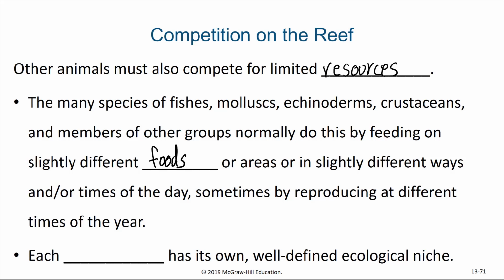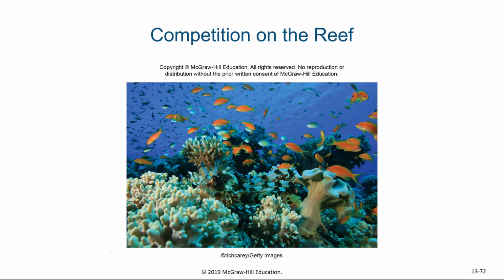Sometimes they reproduce at different times of the year. Each species has its own well-defined ecological niche, and this is the reason that allows such diversity within a coral reef. Coral reefs are highlighted by a diverse number of species living together, surviving together in a surprisingly nutrient-limited environment.